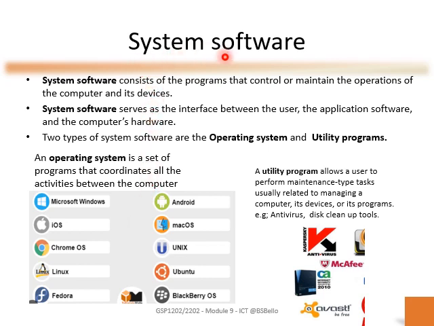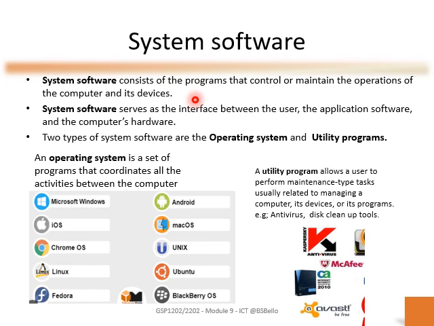System software is a set of programs that controls and maintains the operation of the computer and its devices. The system software serves as an interface between the user, the application software, and the computer hardware.